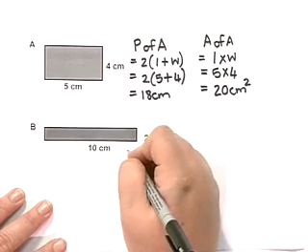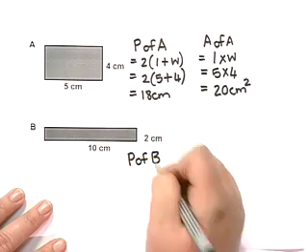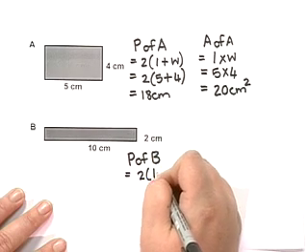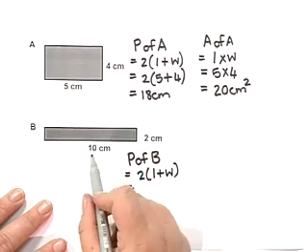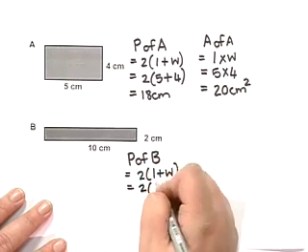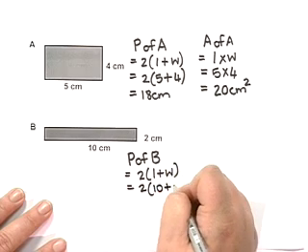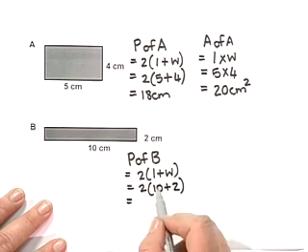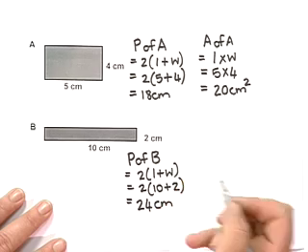Here we have perimeter of B. Now again, our formula is 2 times the length plus the width. Width is 2, length is 10. So length is 10 plus width 2, and that gives me 12 times 2, 24 centimeters.